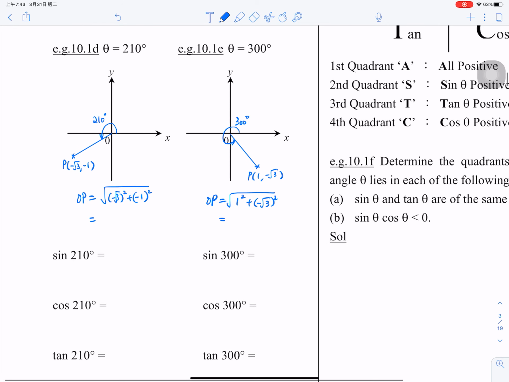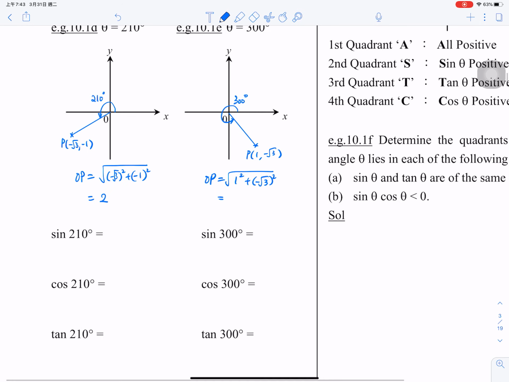Let's have a look at 210 degrees. Given the moving point here, the coordinates are negative root 3 and negative 1. Then what is the length of OP? Again, it equals 2. So let's see. Y over r is negative 1 over 2. X over r for cosine is negative root 3 over 2.